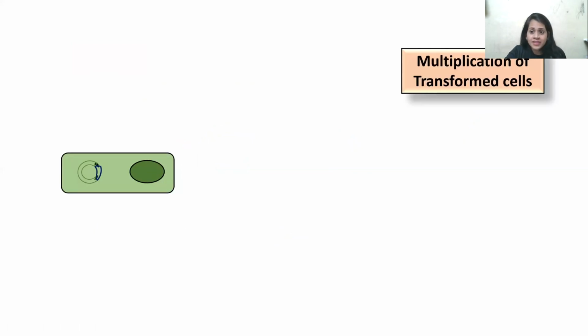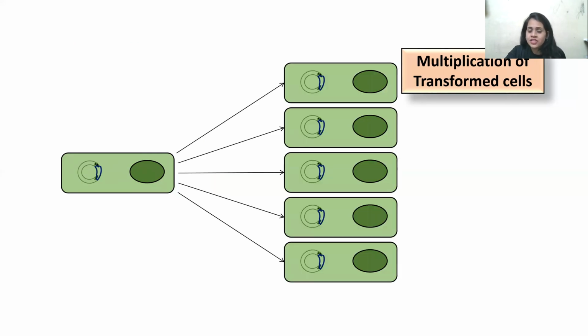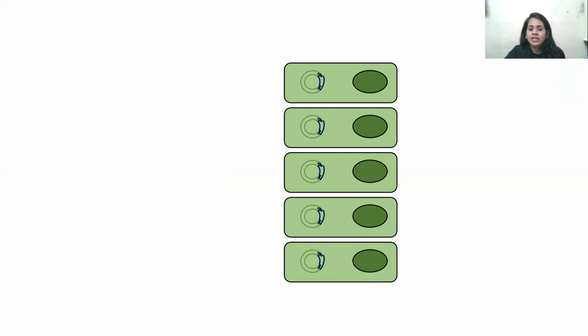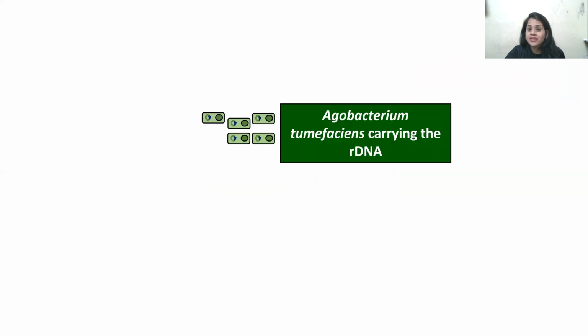Now we are done with the recombinant technique. We want the multiplication of these cells. So this recombinant cell is being multiplied and multiple copies are being obtained. Can you see? A lot of multiple copies are being obtained, and they are carrying the recombinant DNA.